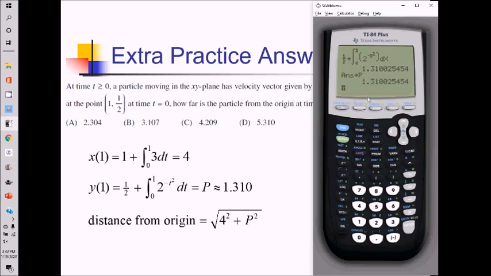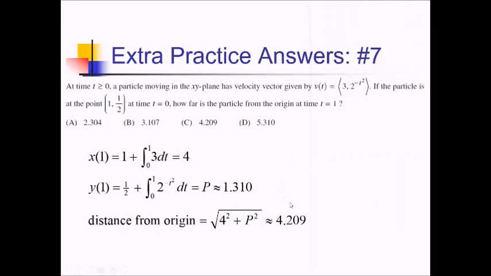Now we have the square root of 4 squared, which we could have just written 16, plus alpha p, squared. Enter. And that's about 4.209. So that's answer choice C.